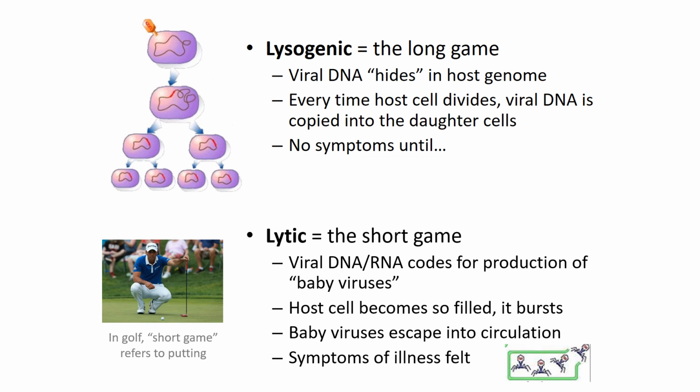Some lysogenic capable viruses include herpes, HPV, HIV, things that can infect a person long term, that are not completely curable, but you may not experience any symptoms for long stretches of time.